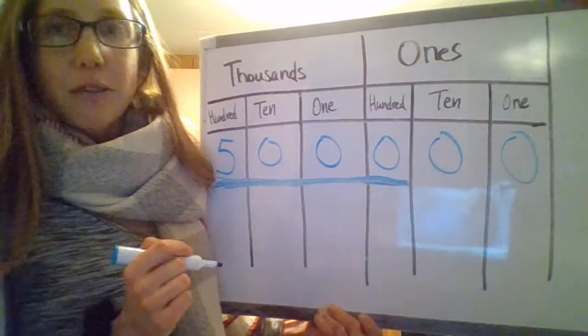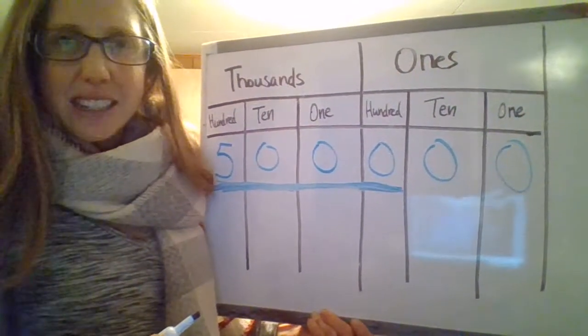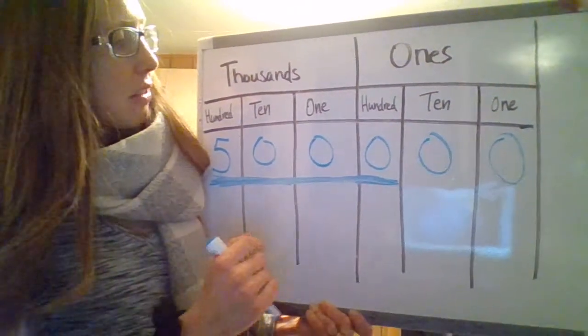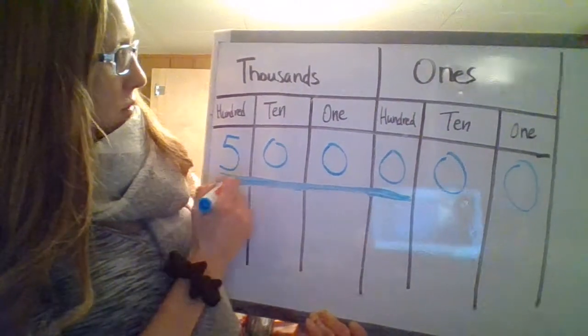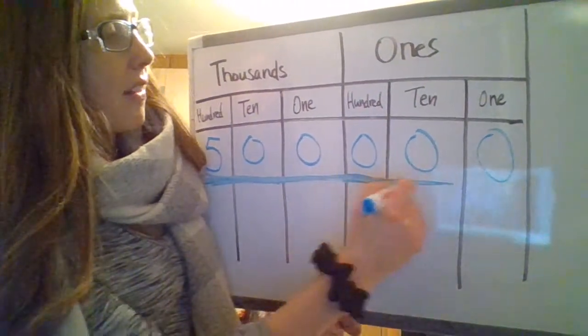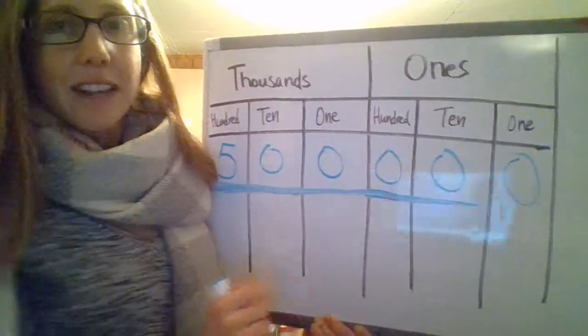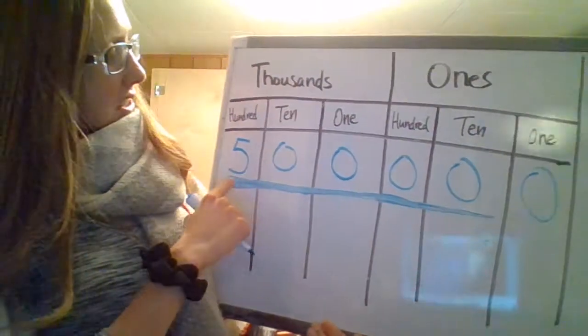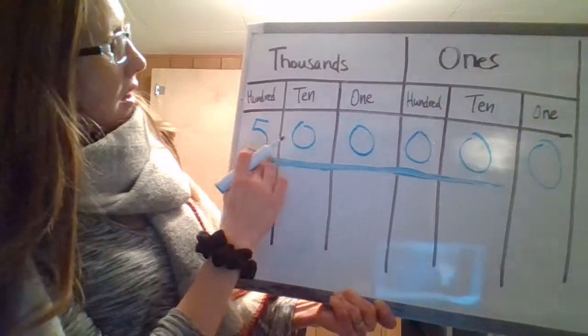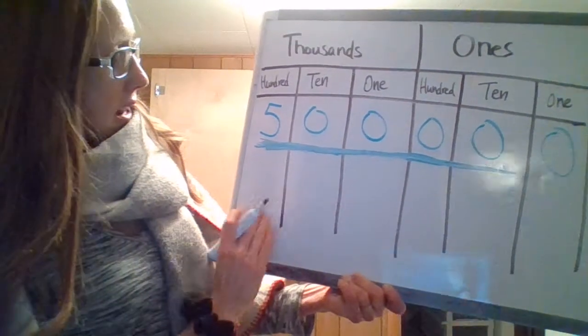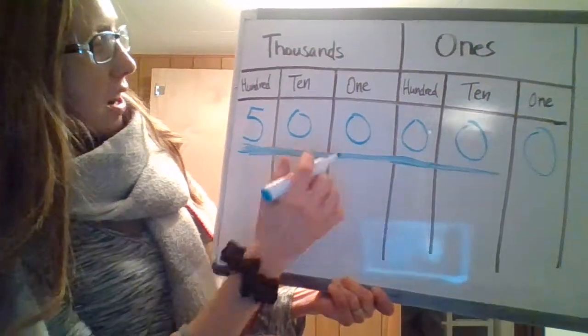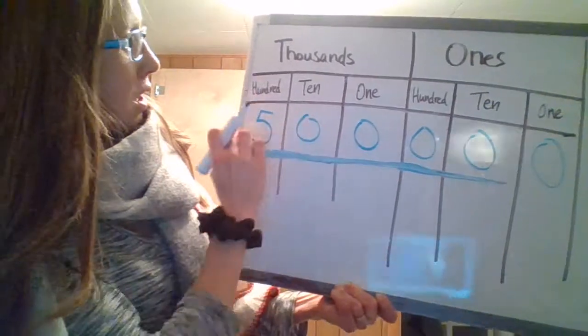Okay. What if I said rename that as tens? How many tens are in 500,000? Well, I would start over here and I would end at the tens place, right? So I have, let me just see. I almost have to rewrite it. Make sure that I have the right number of zeros. 1, 2, 3, 4 zeros.